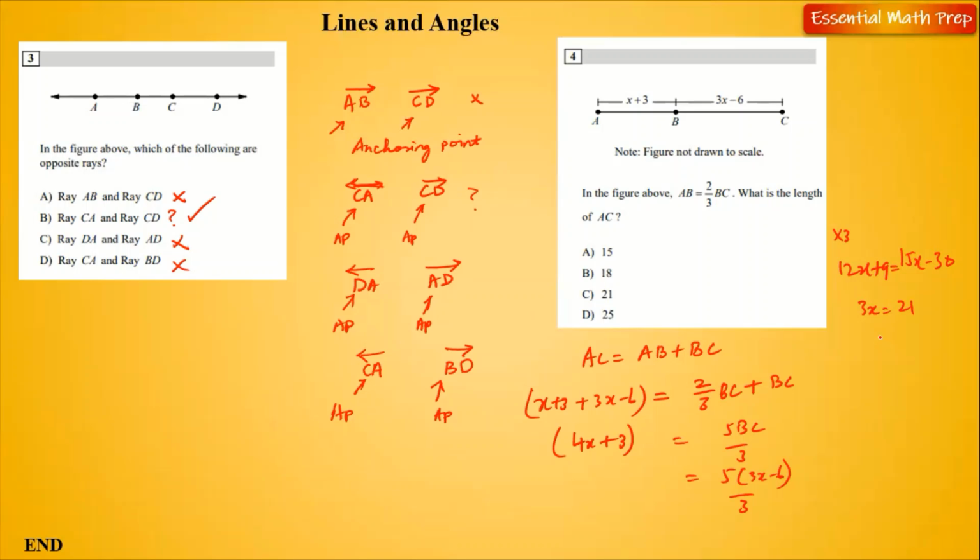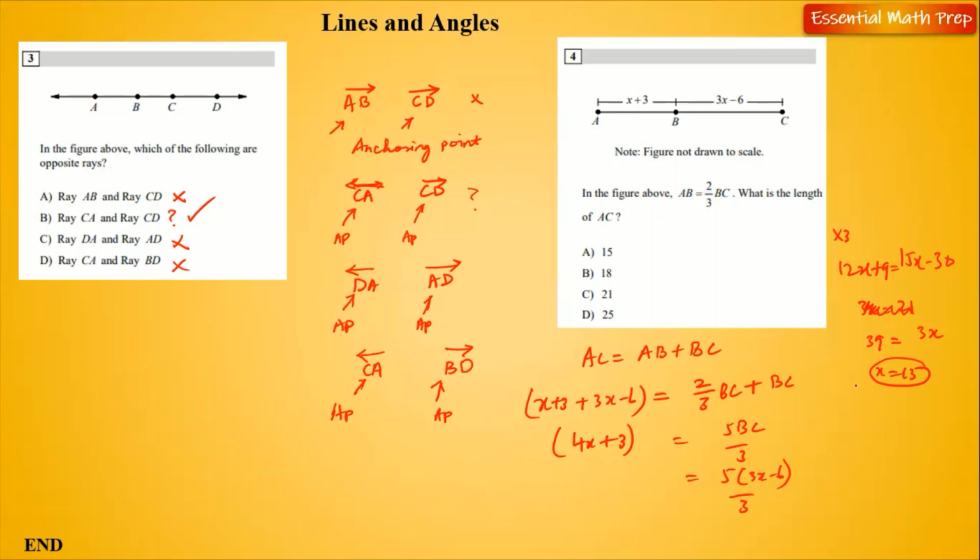Yeah, 9 plus 30, did I do my math right? Sorry, I don't think I did that right. That will be minus 30. If I bring this side over, it will be 39. So x would be 13, right? X is 13. So I did my math wrong.